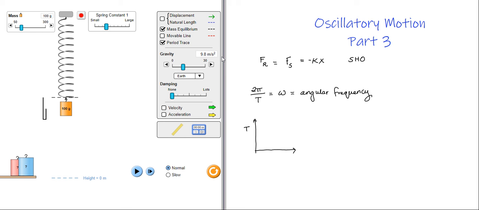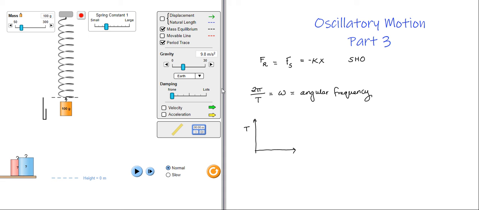We already established that this gravitational pull is not really going to have much of an effect here because it's constant on both sides of the motion, and it's going to end up factoring out. So we'll leave that out. But let's take a look at the spring constant. Now that, remember, is how hard the spring pulls per unit of stretched distance.